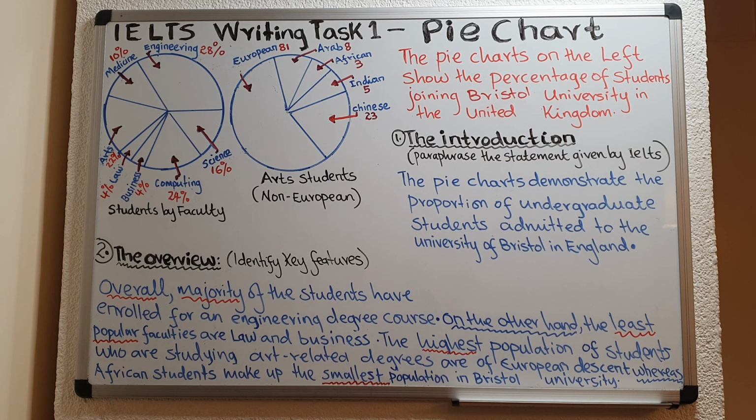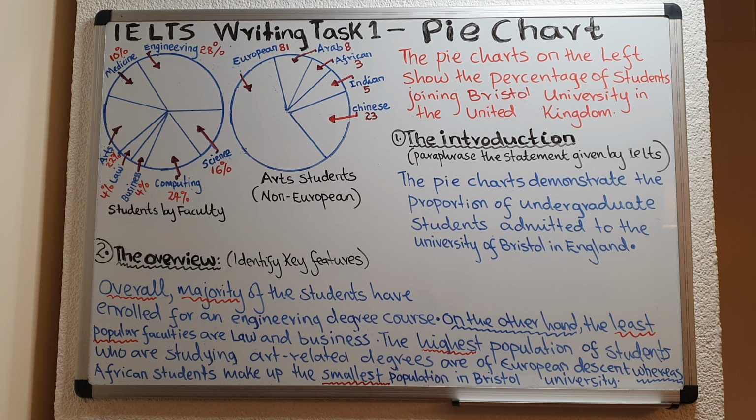So just to give you a recap of the things that you need to remember when it comes to writing task 1 of this particular pie chart, first thing is ensure that you understand the question, the statement that IELTS has provided you with. Look at the pie chart so that you understand what information it is that they are providing you with. Tip number 2, begin writing your introduction.